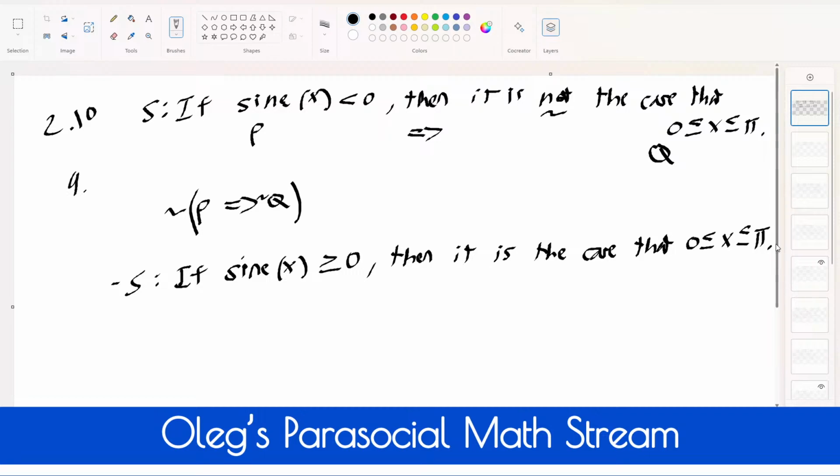There exists a number x for which sine is 0, and 0 is... let's see here. This is a complicated one.